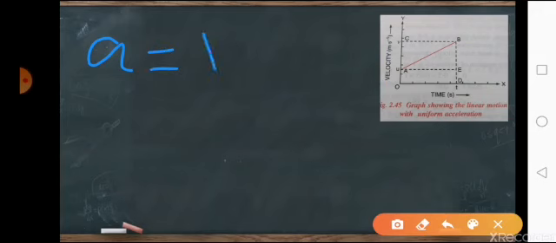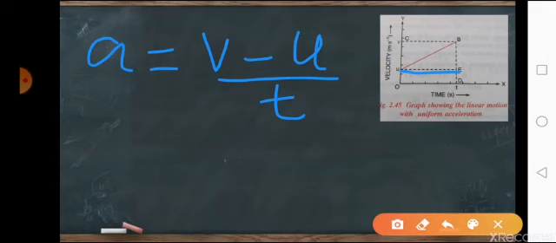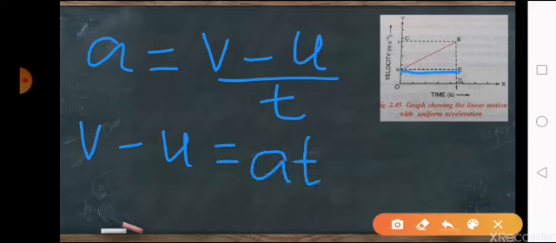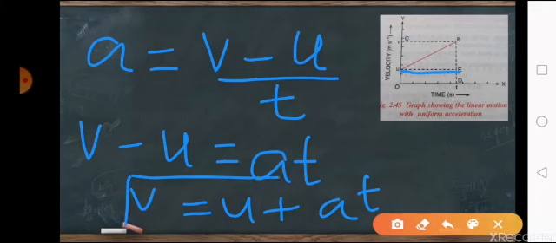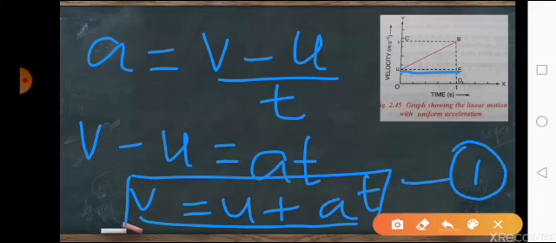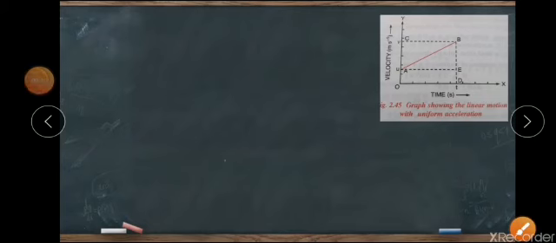Instead of BE, you can write V minus U, and instead of AE, you can write the total time taken T. Or from this equation, you can write V minus U is equal to AT, or arranging this equation, you will get V is equal to U plus AT. This is going to be your first equation of motion, equation number 1. Put equation number 1 for that.